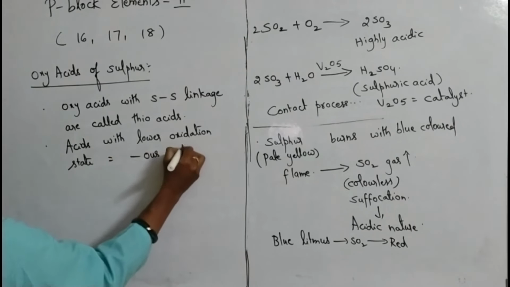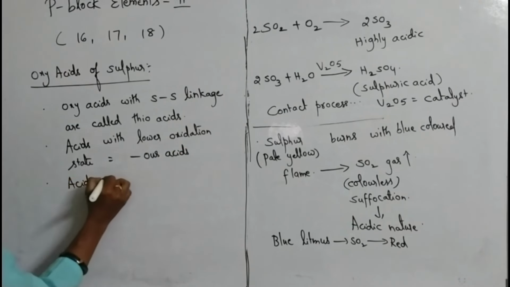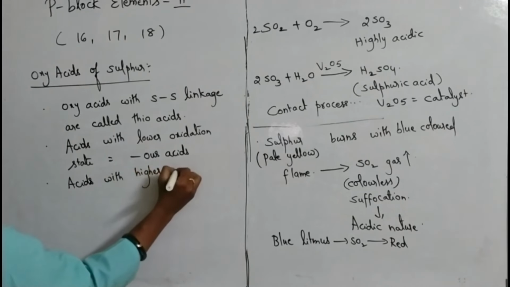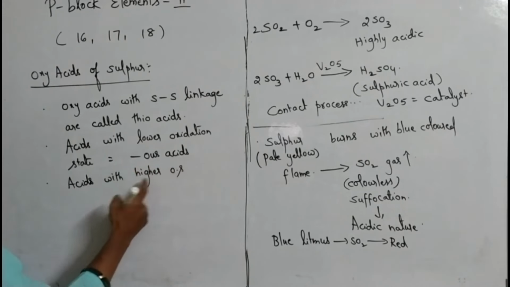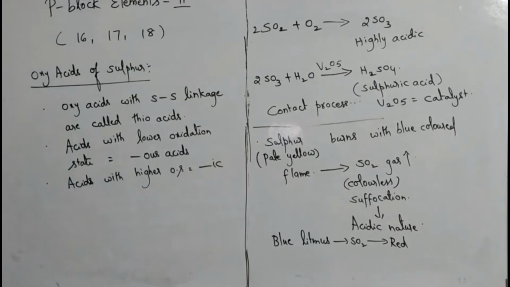Acids with a higher oxidation state, OS I am writing, are termed as ic acids. Now let us learn examples.